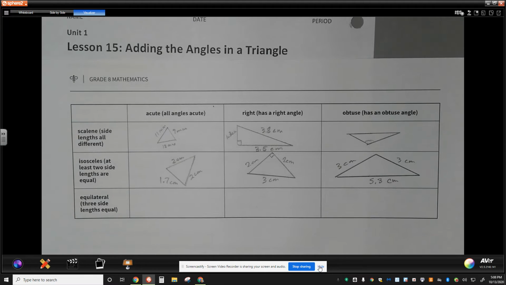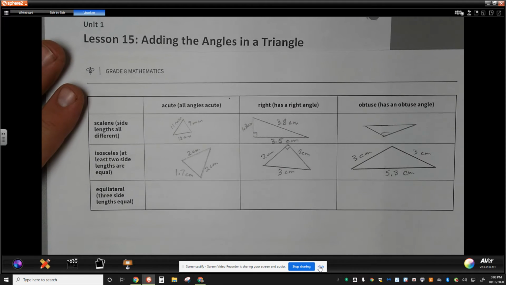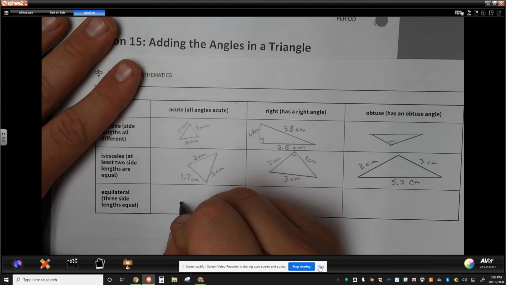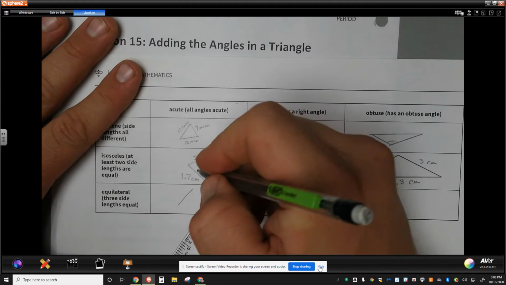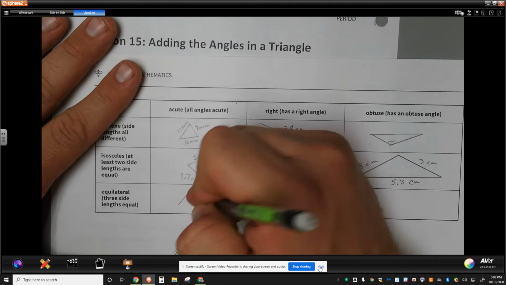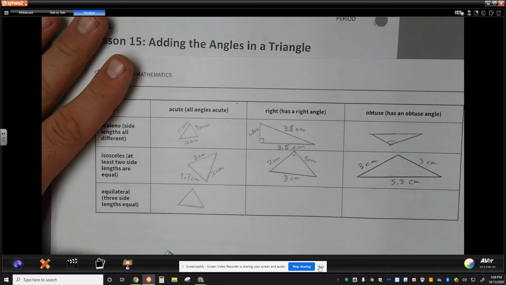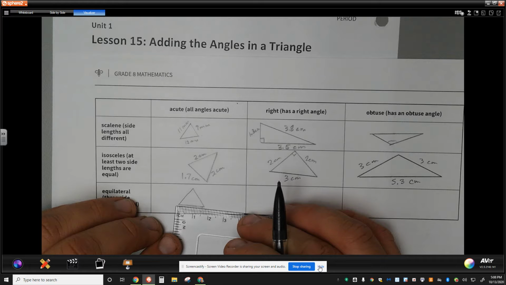Awesome. Equilateral triangle. We know that there is only one equilateral triangle, and that's where each of the angle measures is 60 degrees. So when we draw this, you're going to have to bear with me. But all of the side lengths of an equilateral triangle, let's see how close I am.